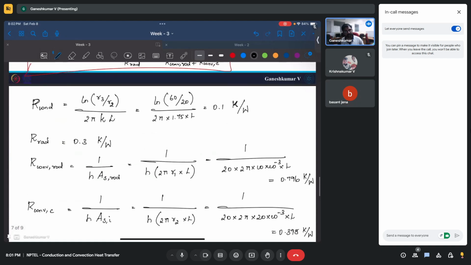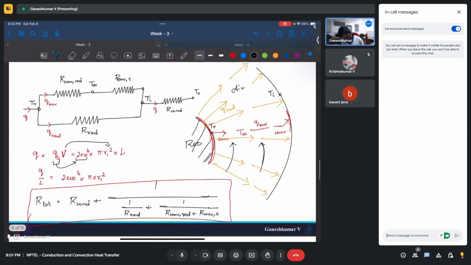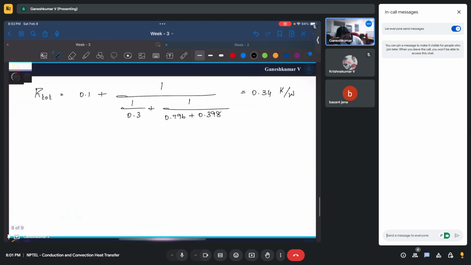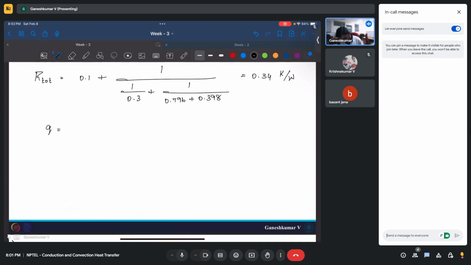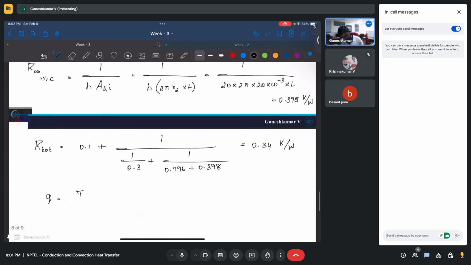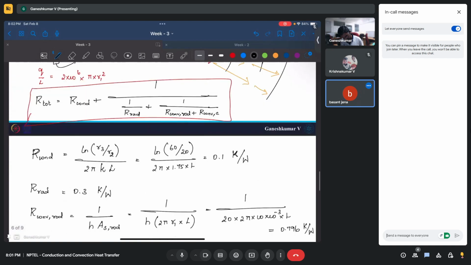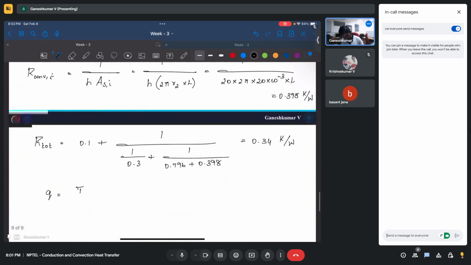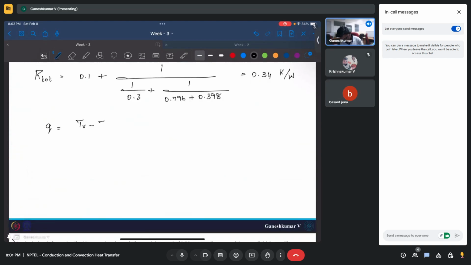Please let me know if I made any mistakes. Finally, you can write Q is nothing but TR minus T naught divided by R total. So we just need to find TR.